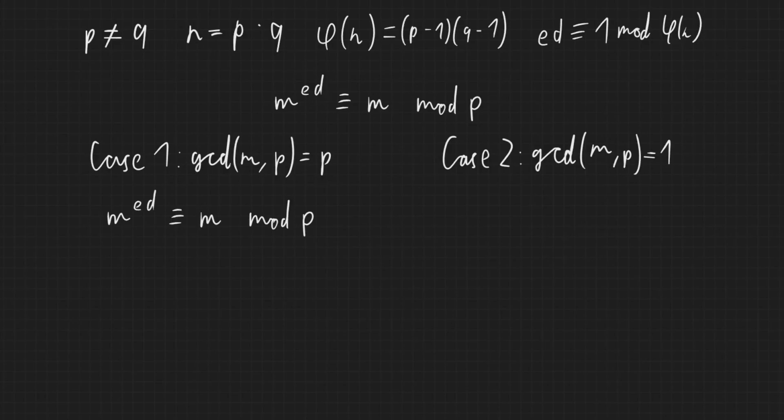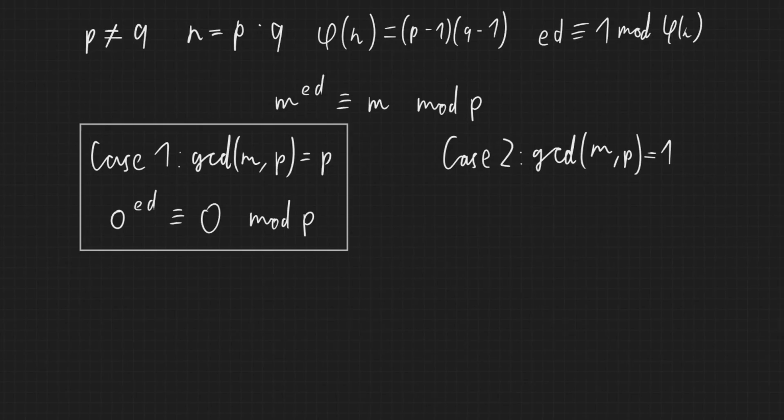But if m is divisible by p, then m modulo p is just 0, right? Because there is no remainder. And remember, we can always replace intermediate results with their remainders. So m to the ed just becomes 0 to the ed. And this is, of course, equal to 0, because 0 multiplied by itself a bunch of times is still 0. So case 1 is already dealt with.